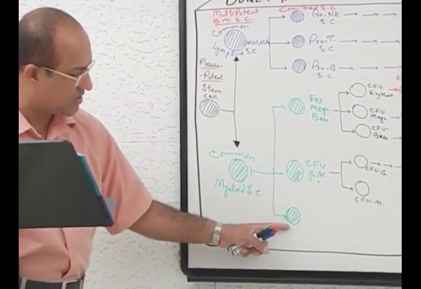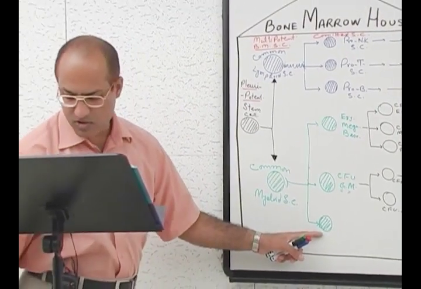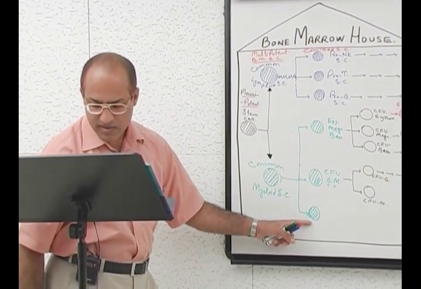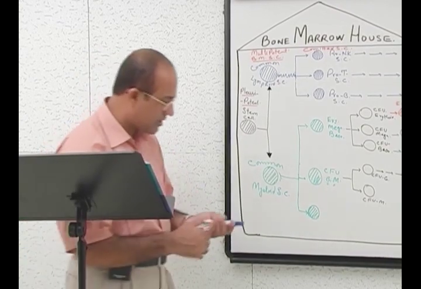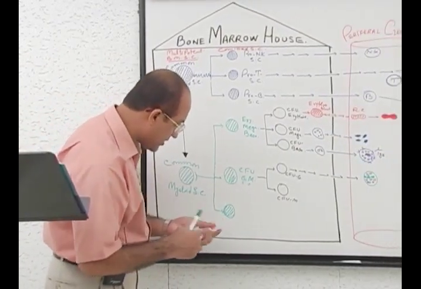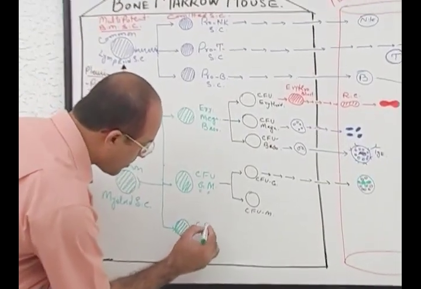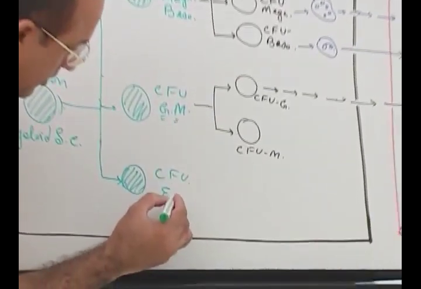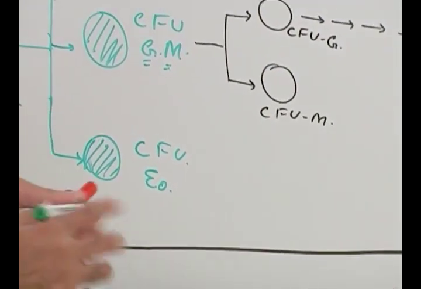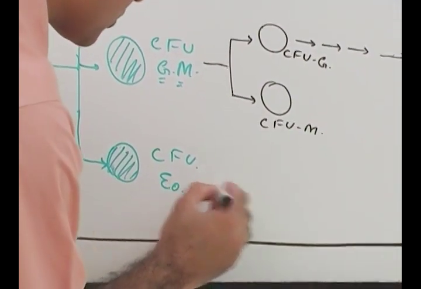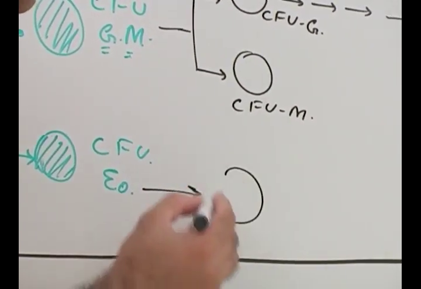This last committed cell in the myeloid series is basically a colony forming unit for eosinophils. And they eventually produce the recognizable precursor cell.